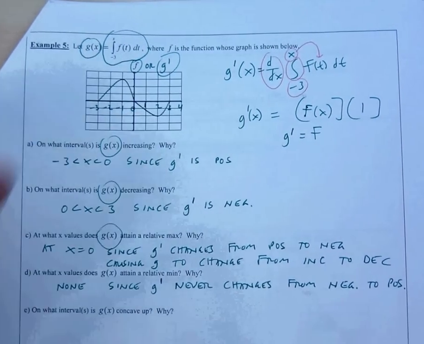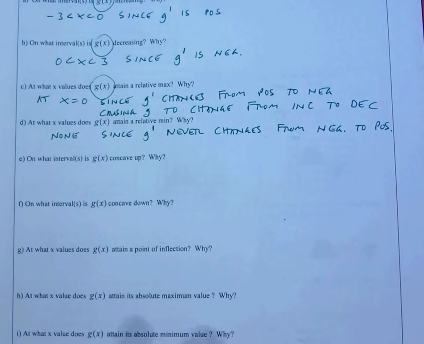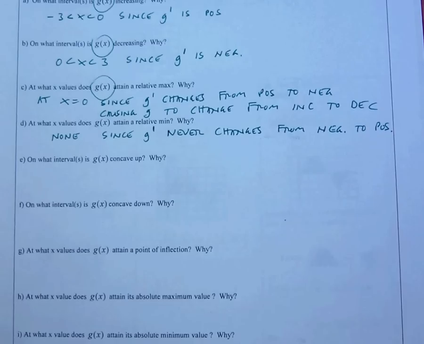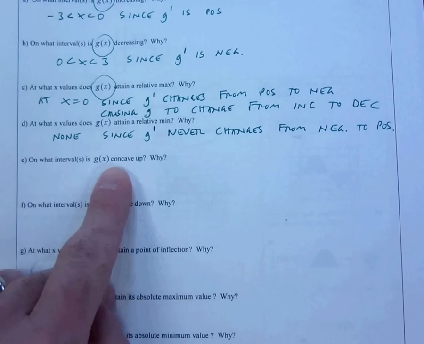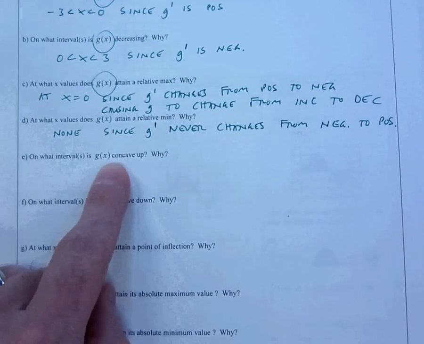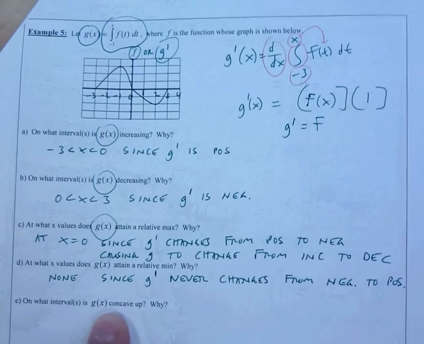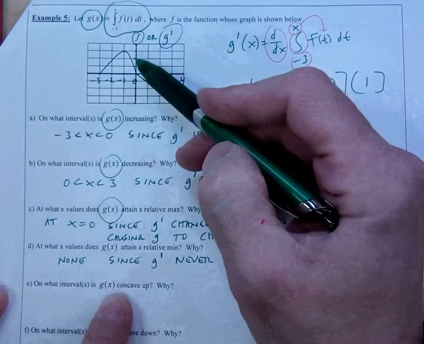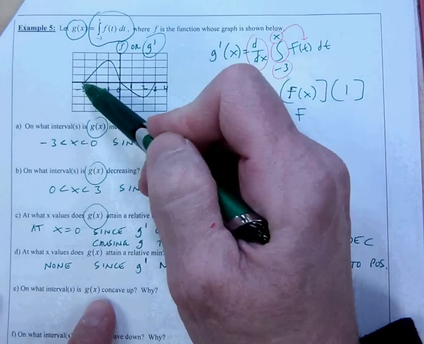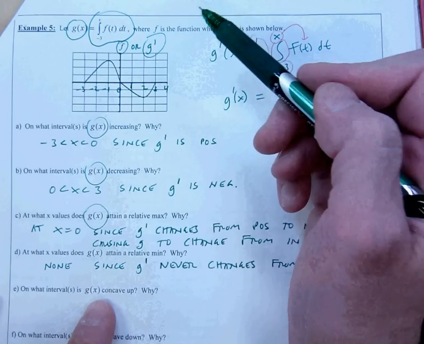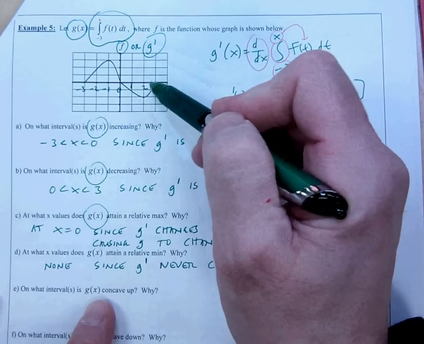Okay, next. How about Parth? You can do this one. G will be concave up whenever G prime is what? Increasing. Okay. So looking at the graph of G prime, is G prime ever increasing? Yeah. From where to where? And 2 to 3. Very good.